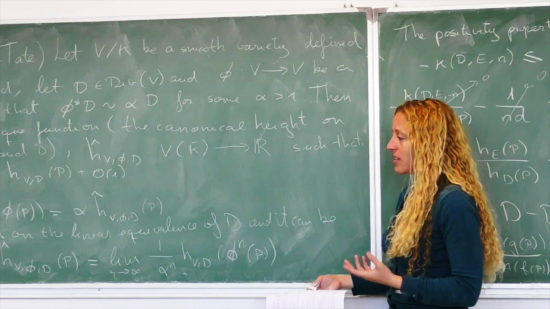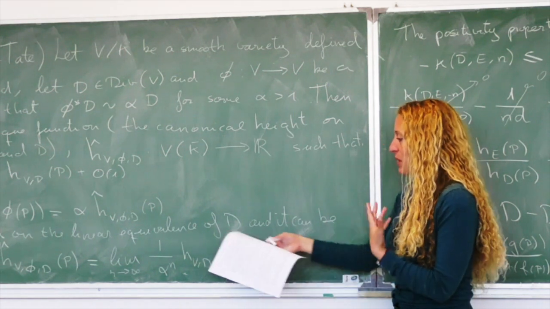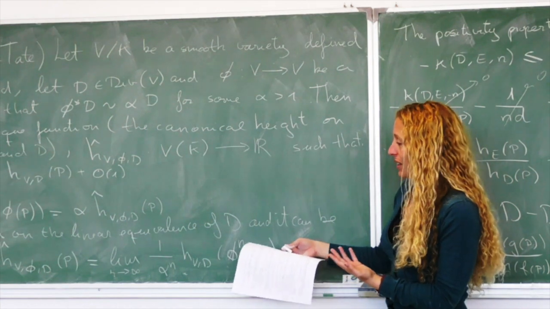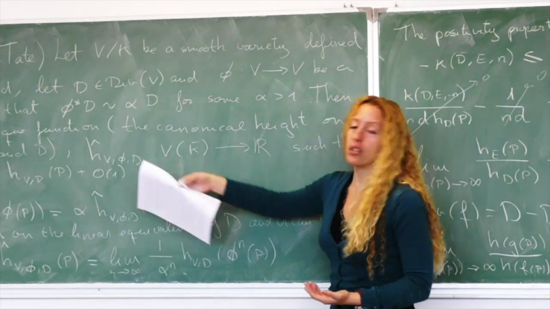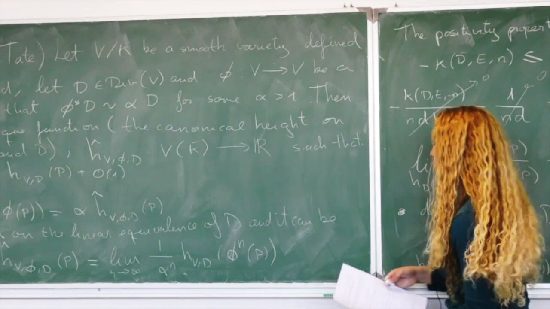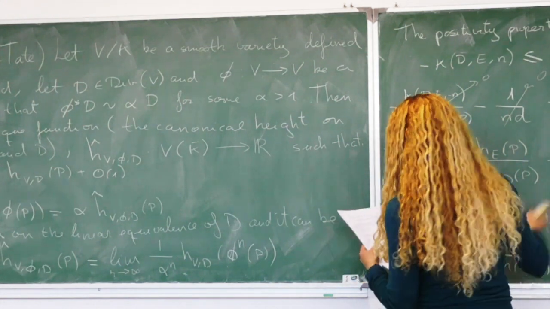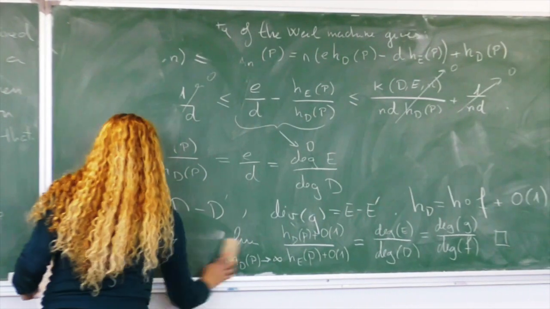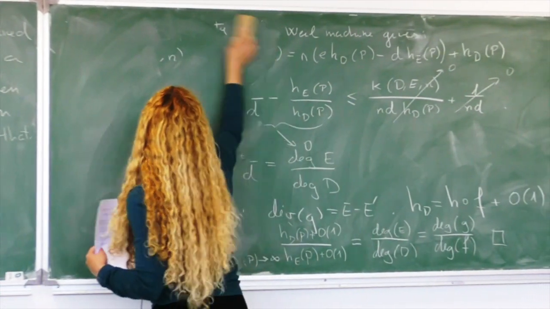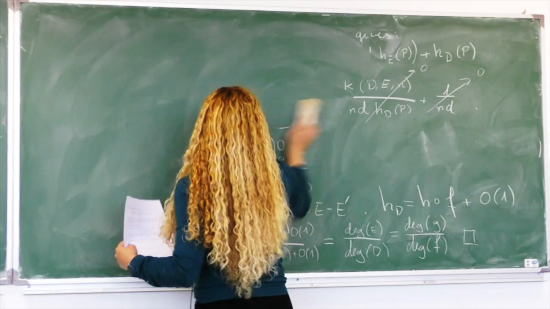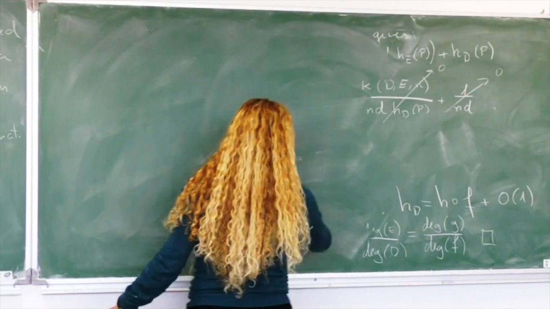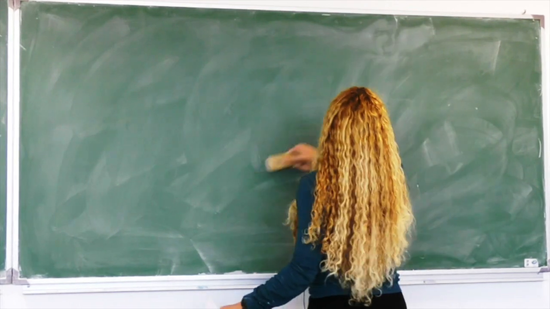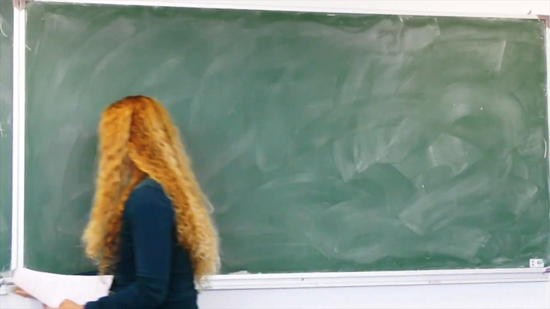And once we check that this is well defined, the only thing that we have to prove is that it satisfies the conditions that we have here. So let's prove that this is well defined first.